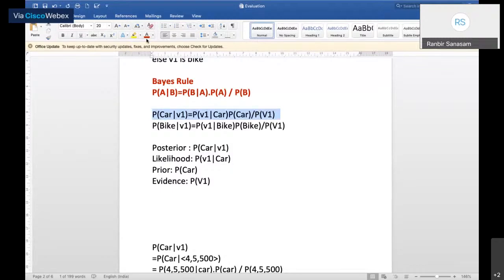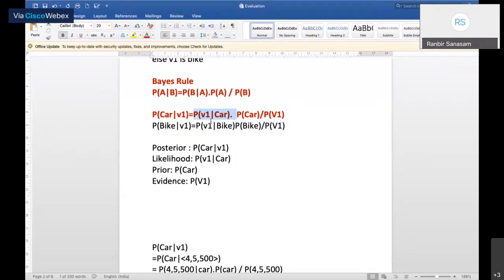Can you please see that? Now the probability of getting car given V1 can be defined as the probability of getting the vehicle given a car, times the other terms.